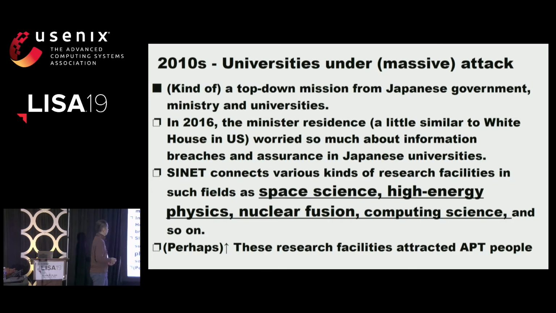I'm not a journalist, so I'm not going to go deeper into this topic, but in early 2010, there were many information breaches in Japan about universities. So this is a top-down project from government, ministry, and universities. And unfortunately or not, SINET connects various kinds of research facilities like this. And these research facilities attracted APT people.